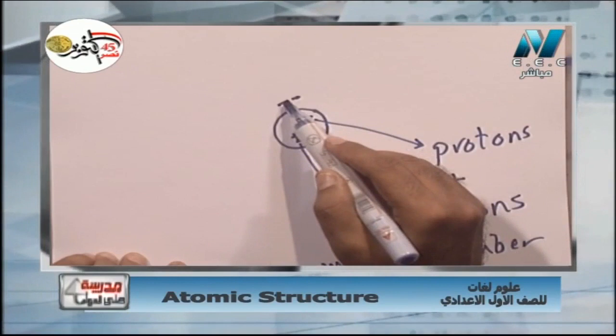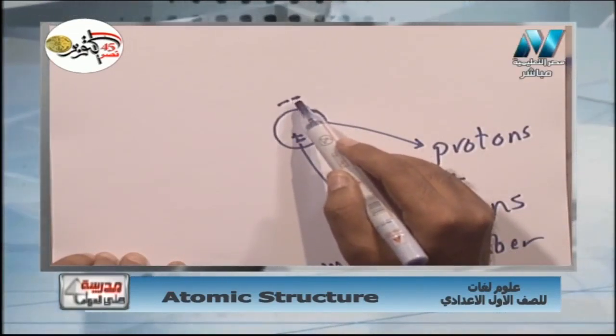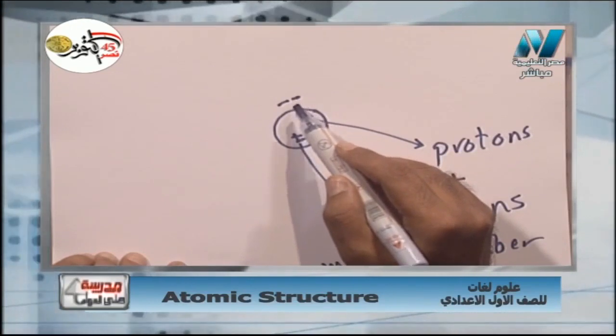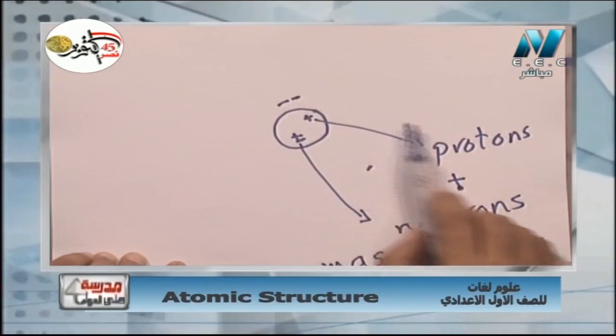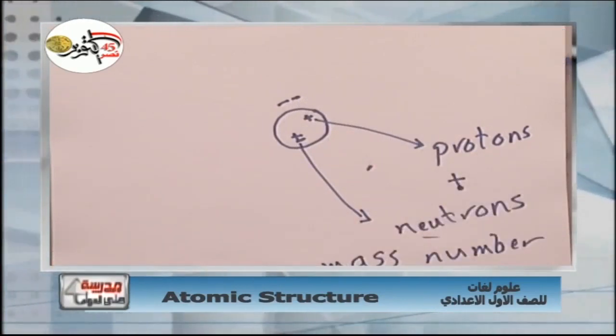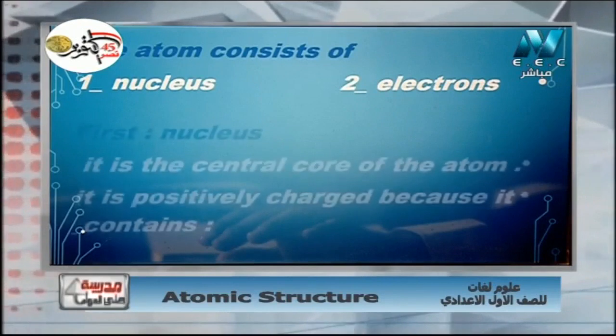These electrons have negative charge and their mass is so small. Now let's return to the monitor. The atom consists of nucleus and electrons.